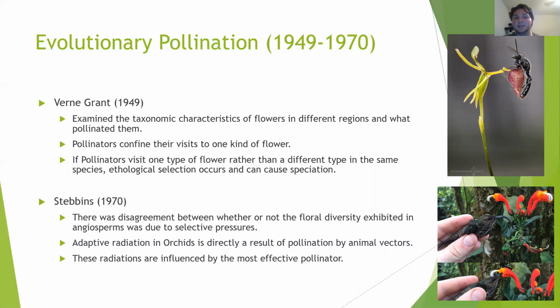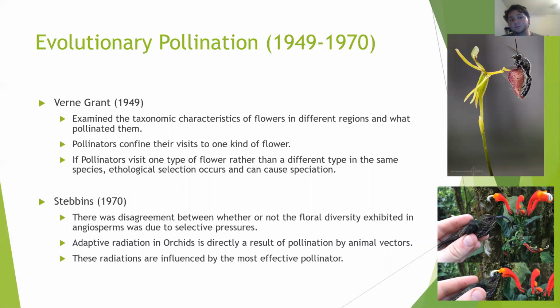Then you had Stebbins in 1970, who kind of took it a step further and really looked into pollinator syndromes. So at this point, there was disagreement about whether or not floral diversity that everyone saw in angiosperms was driven by pollinators, like we know it is today.